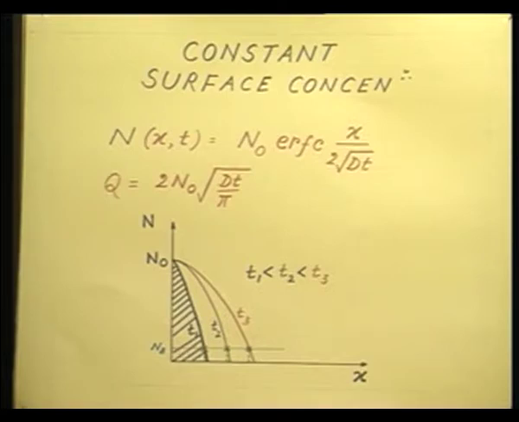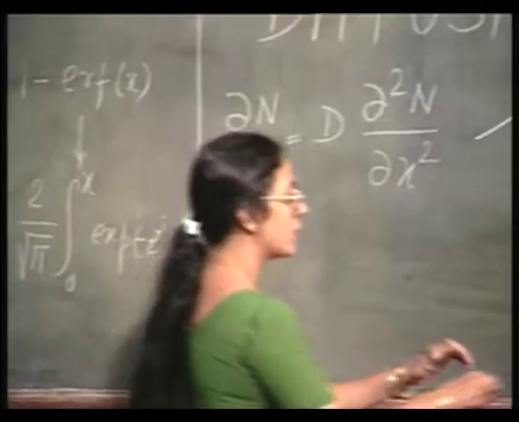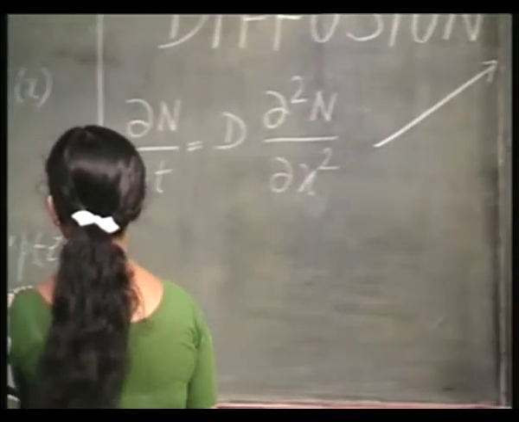So, in order to obtain the total amount of impurity given by Q, we have to integrate the doping concentration profile.